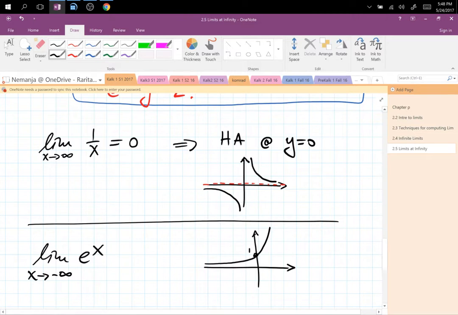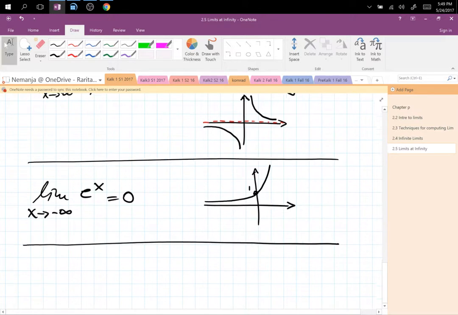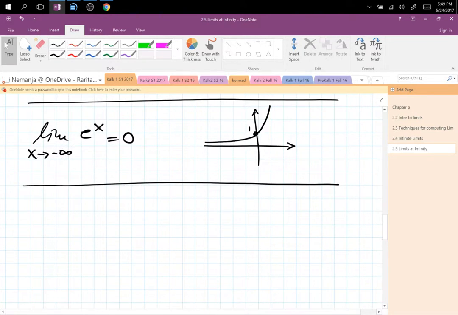Why do I put dx there? I just went like 3 chapters. E to the x. And what's the answer? 0. Very good. The answer is 0. So here's my favorite. Limit of inverse tangent of x as x goes to infinity.